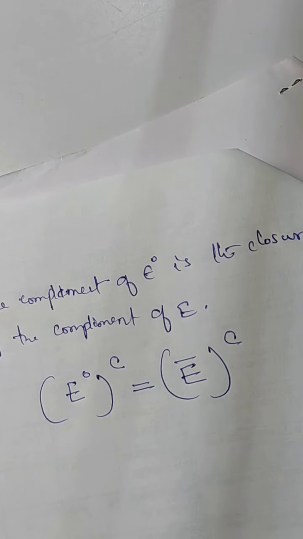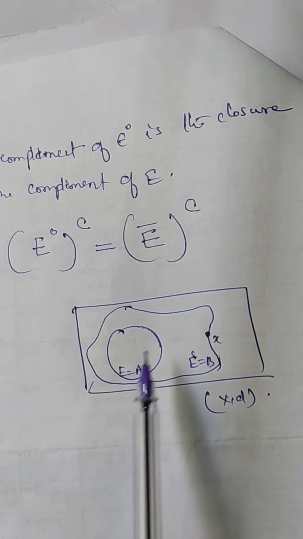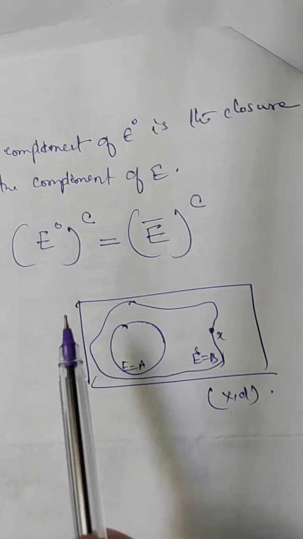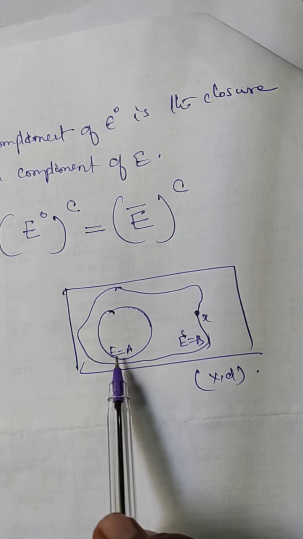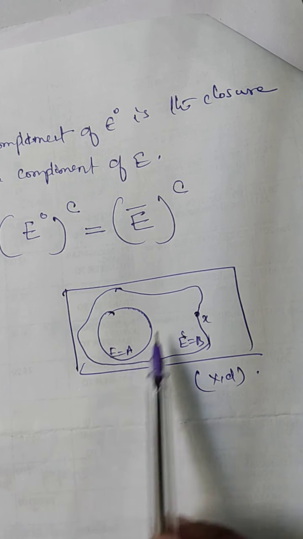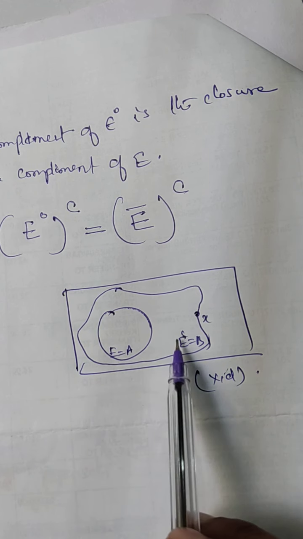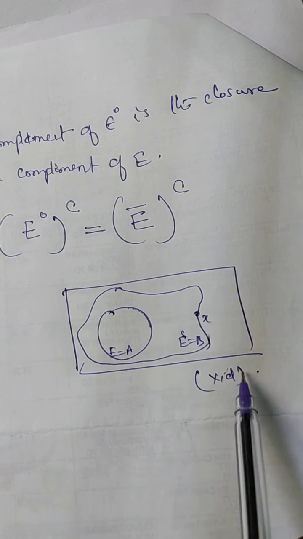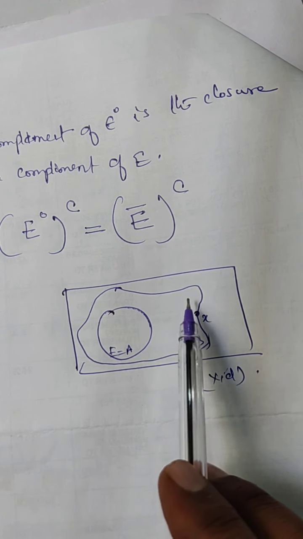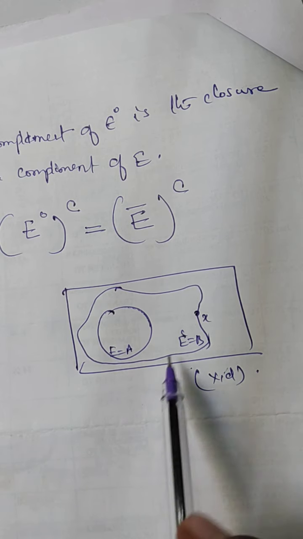Now to prove that, I have got the diagram for that. That is, E is a subset of X. Now we have this E closure. Maybe there could be other sets contained in X, so that's why I have drawn the line for E complement.